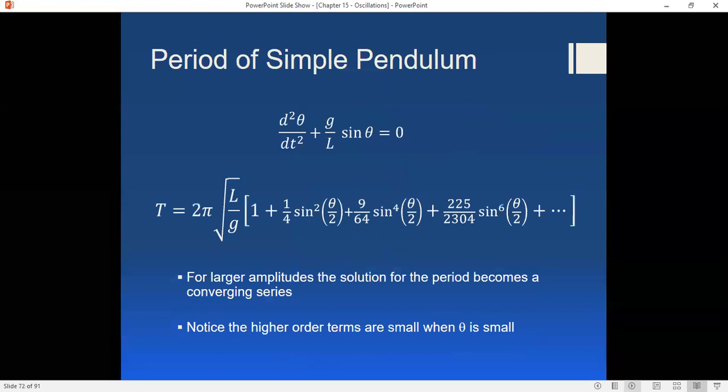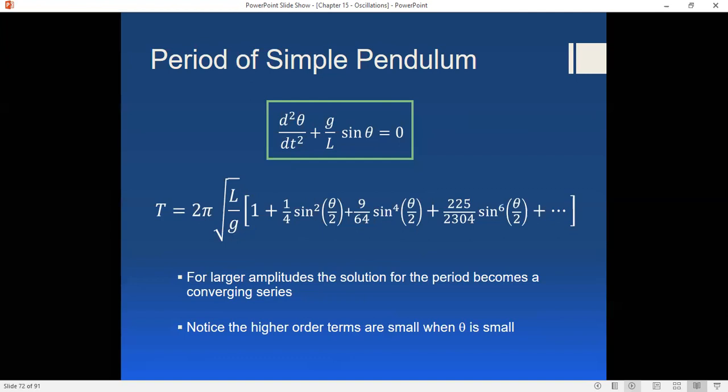Now, what would happen if I would actually have taken this equation right here and come up with a solution to it? Yeah, this would have been a really, really tough one to do. In fact, the solution doesn't have an exact form. There's different methods that we can actually use.